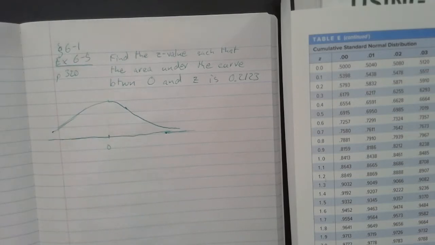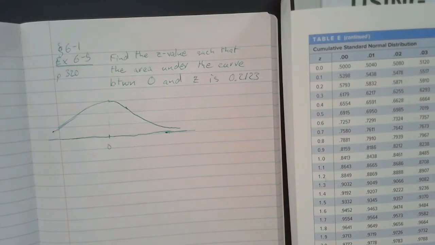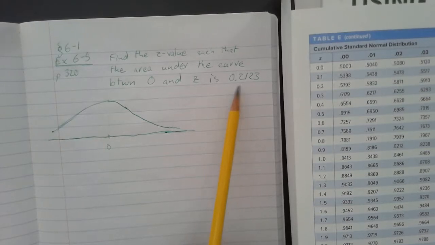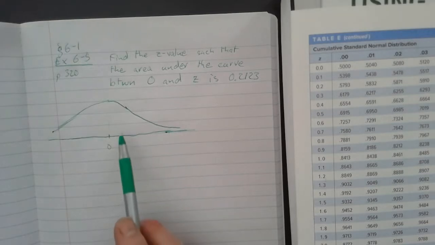It says to find the z-values such that the area under the standard normal curve between 0 and a z is exactly 0.2123.